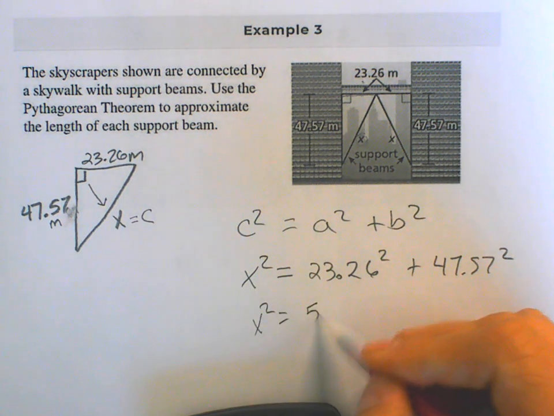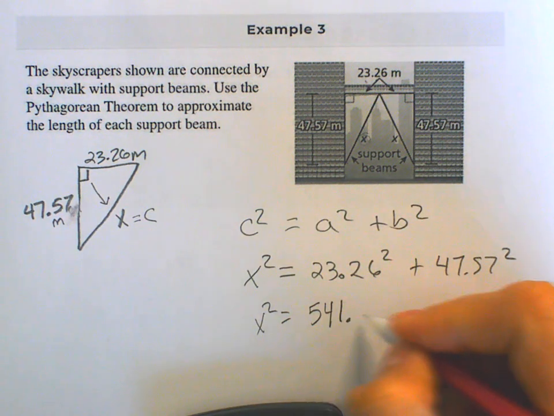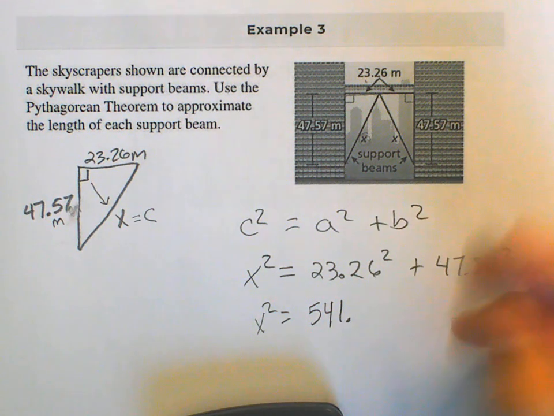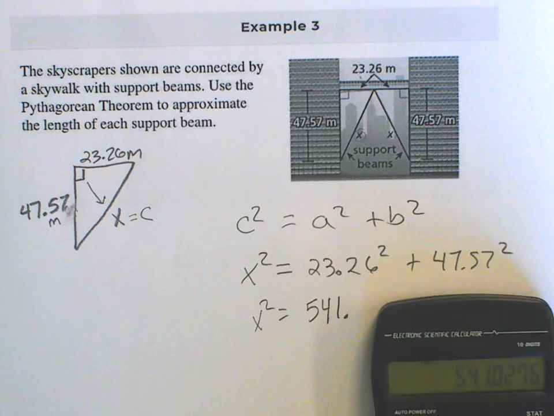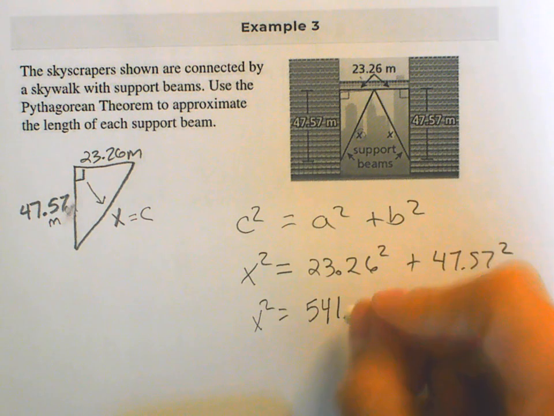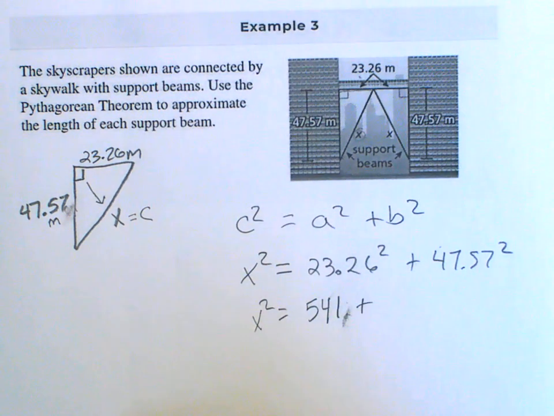All right, so 541, excuse me, 541. Now I'm going to round, probably to the nearest tenth. So in this case, it's just going to be 541.02, so I'm just going to leave it to the nearest tenth. Sometimes you're just going to have to do that. Now 47.57, unless they want an exact answer, type in the whole thing.